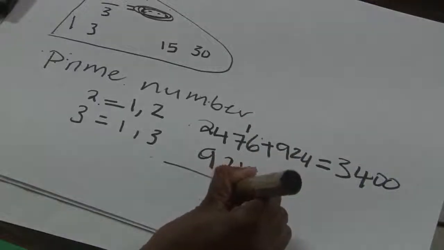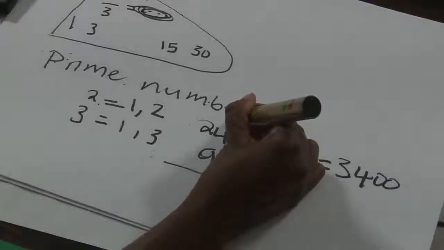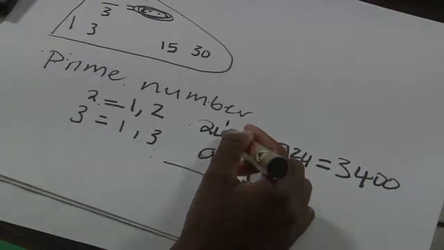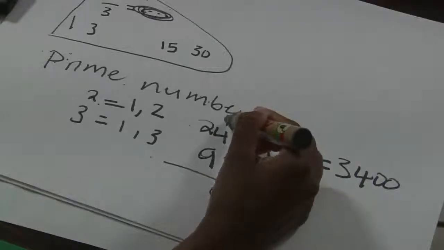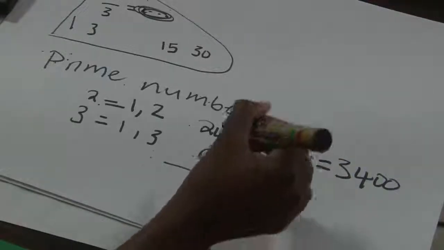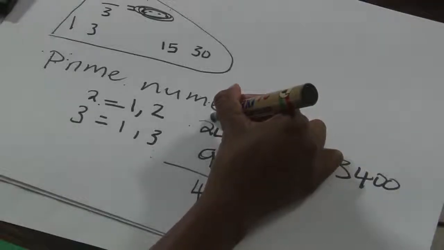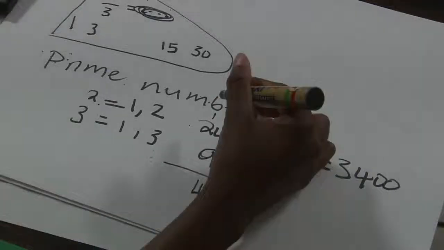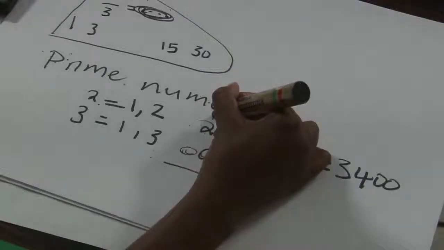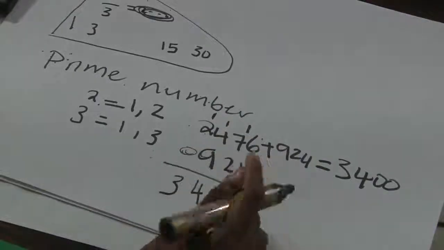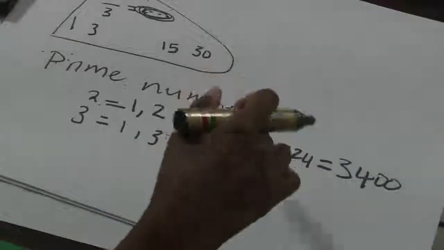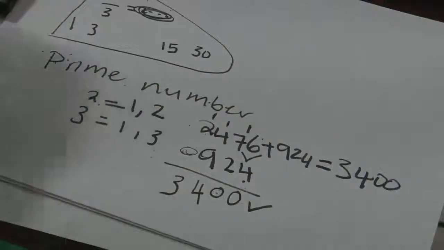You get 10 still. And then you shift your 1 here, the normal way we do it. And then 9 plus 4 plus your 1 up there will give you 14. And you write your 4. You still bring your 1 up there because you can't write 14. So then it makes it 2 plus 1. There's nothing here, but you have still this one, so it is 3. Then you get your mark for here, and then you still get your mark for showing how you came to this answer.